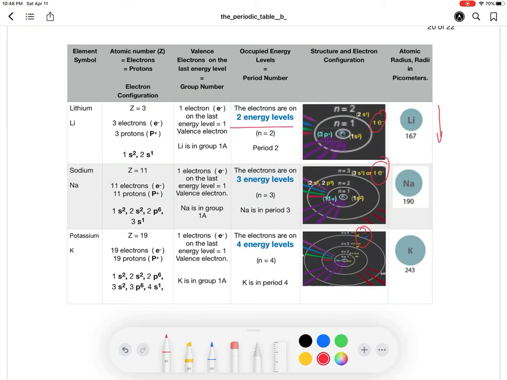So lithium has 2 energy levels, sodium has 3 energy levels, and potassium has 4 energy levels. So increasing the number of energy levels makes the atom bigger. That's why potassium is the biggest here.